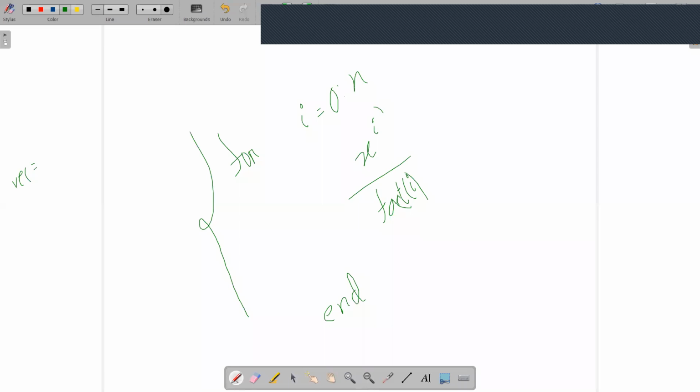I can perform this operation x to the power i. My x was 0.5. I want to perform this power operation from 0.5 to the power 0, 0.5 to the power 1, up to 0.5 to the power n.